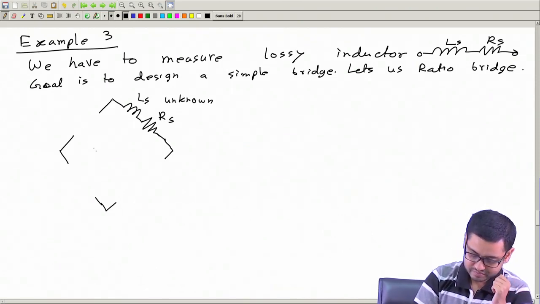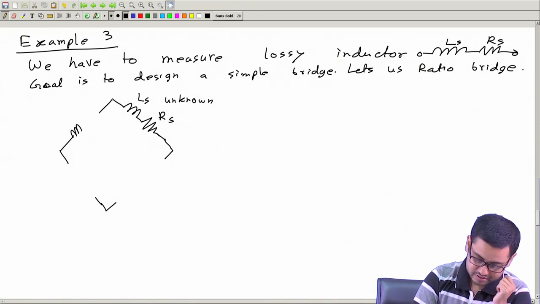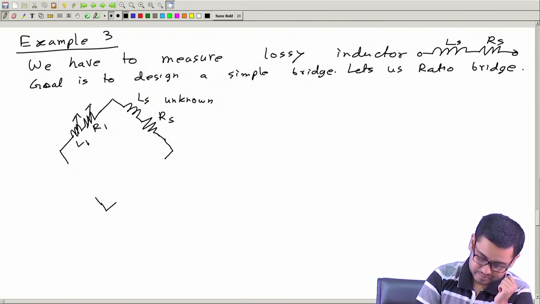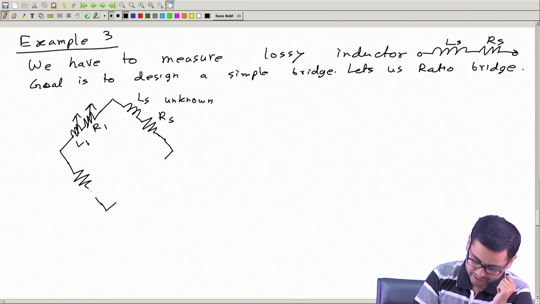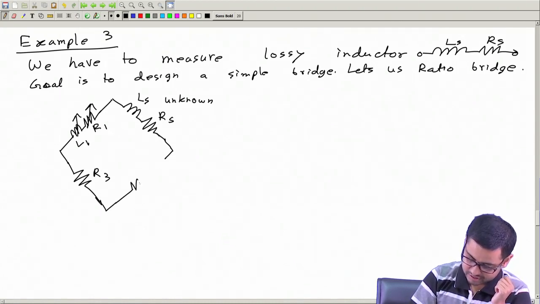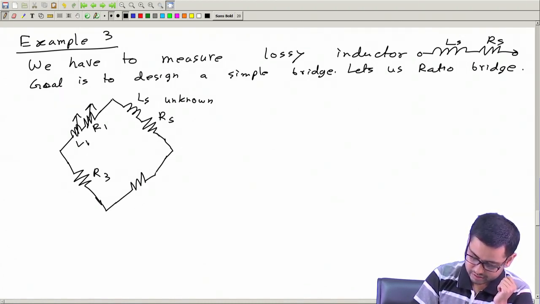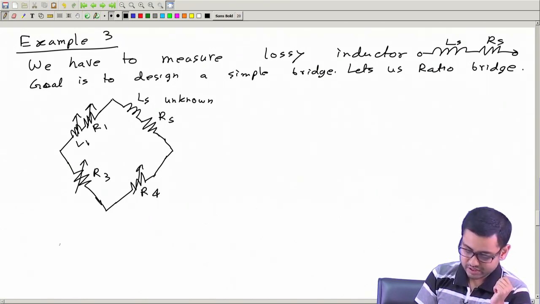What can I do? I can just do this. Put a known L1, R1 variable. Put a variable R2, R3, and R4 variable. Okay.